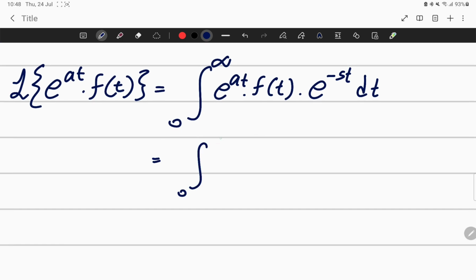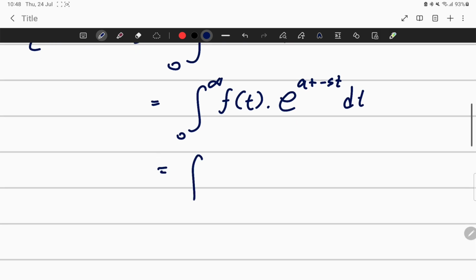So this is the integral from 0 to infinity of f(t) times e to the at minus st. Now I am going to take the minus sign outside from here, so it is e to the minus (s minus a)t dt.